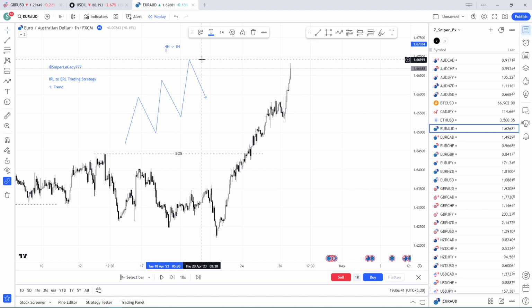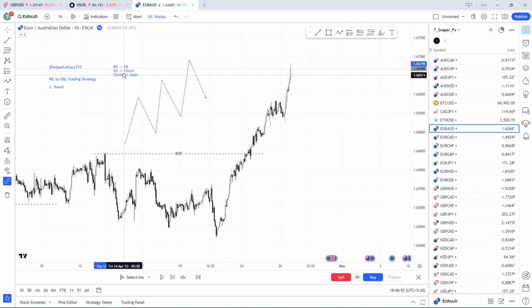Or if you're making the analysis on 1 hour, take trades on 15 minutes. And if you're making the analysis on 15 minutes, take trades on 3 minutes. These are the time frame combinations that I will personally use to trade the IRL to ERL strategy.